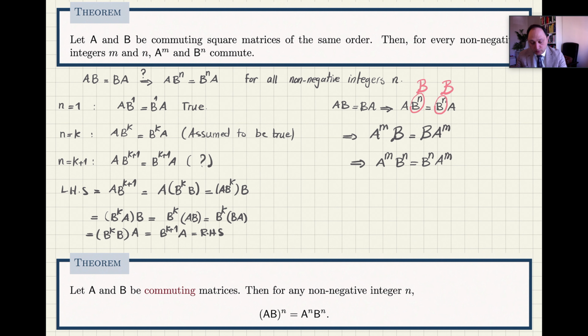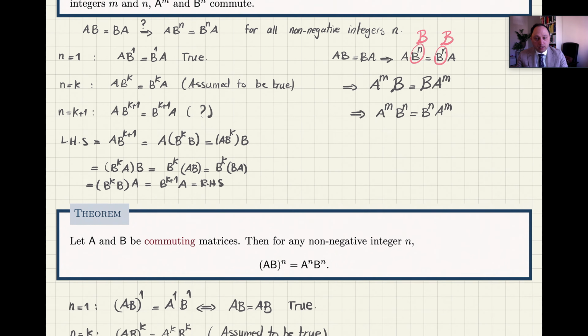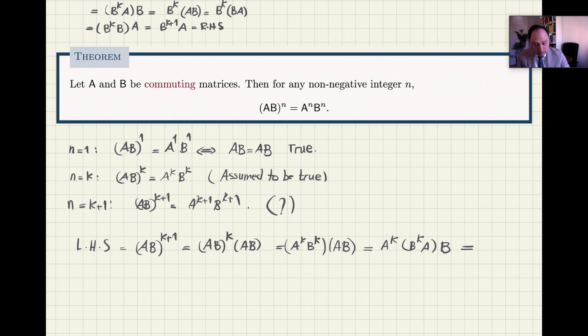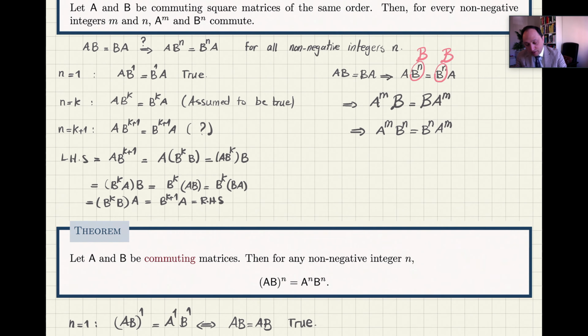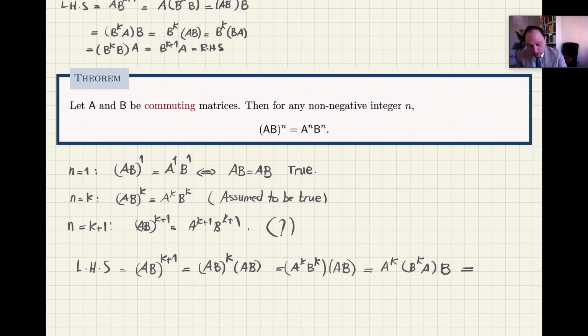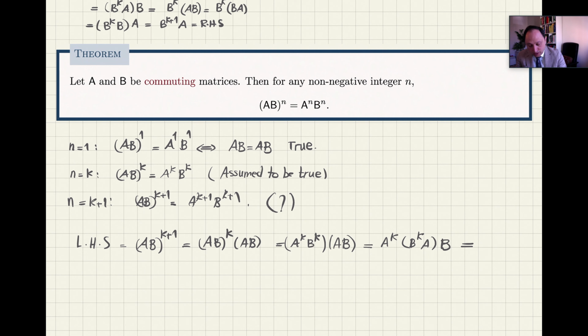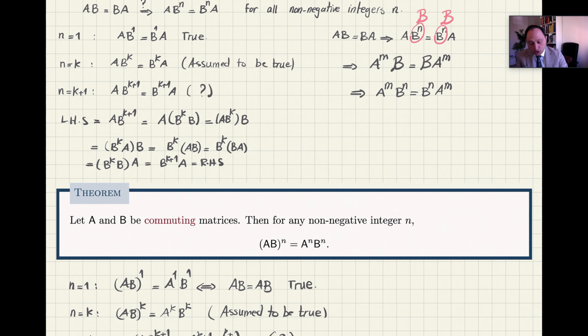We showed that if two matrices are commuting, any power of one of them is commuting with any power of the other one, I mean non-negative integer powers. So yes, this is inevitable. You have to use this theorem. I want you to understand that just because of this assumption, it is not trivial to conclude that you can interchange these two unless you have already shown the validity of this operation.